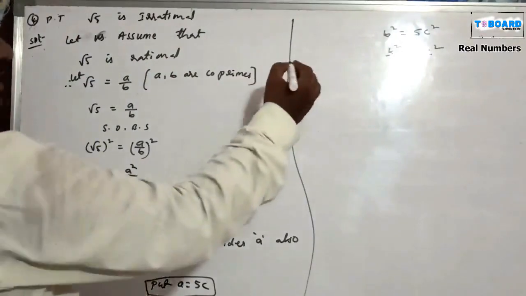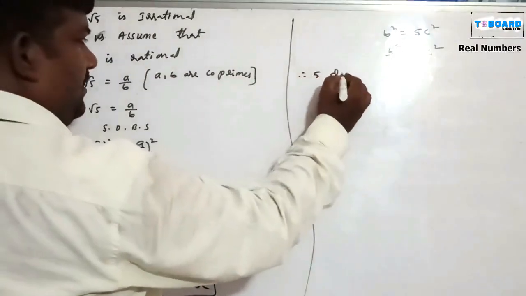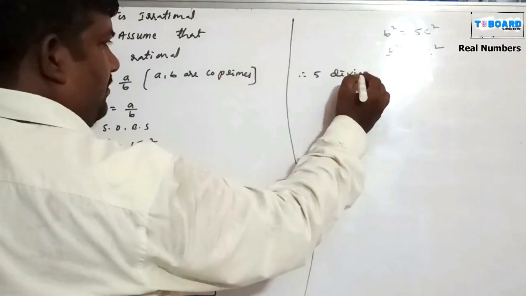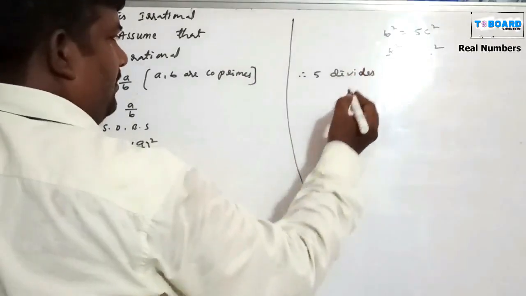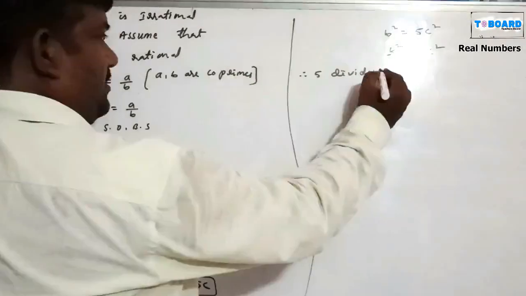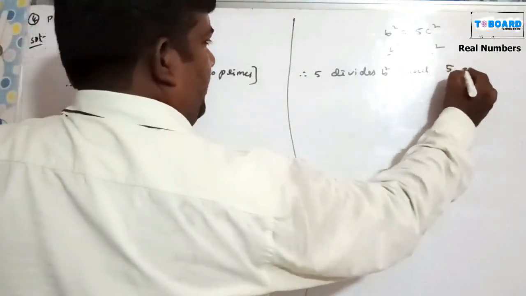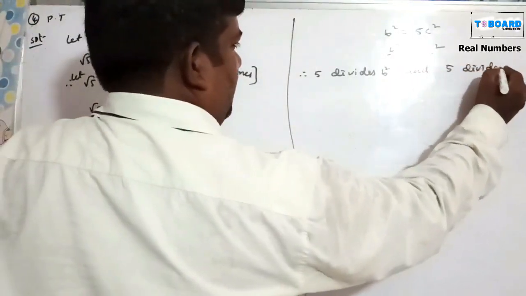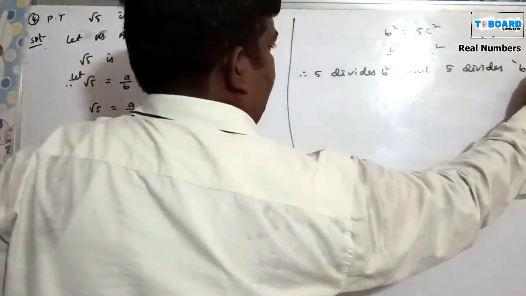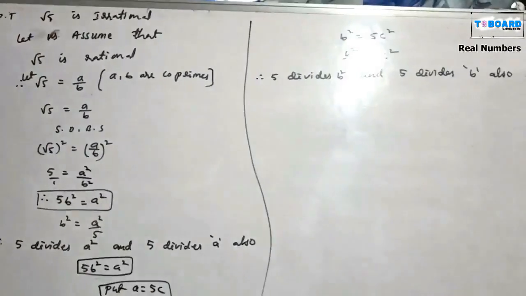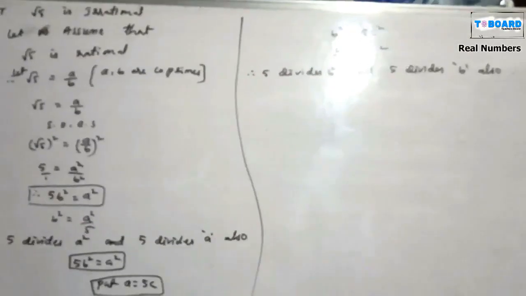Here 5 divides b square and 5 divides b also.